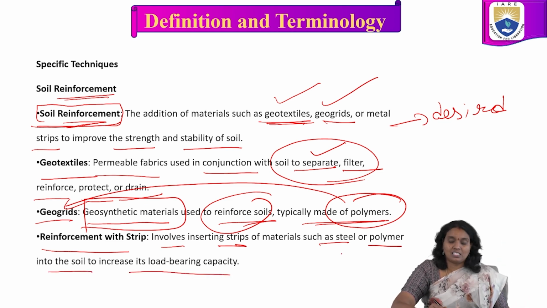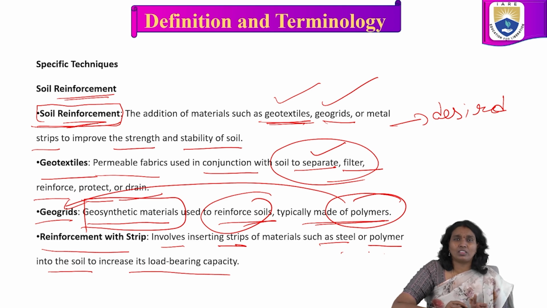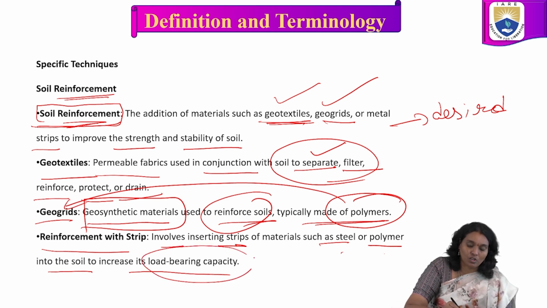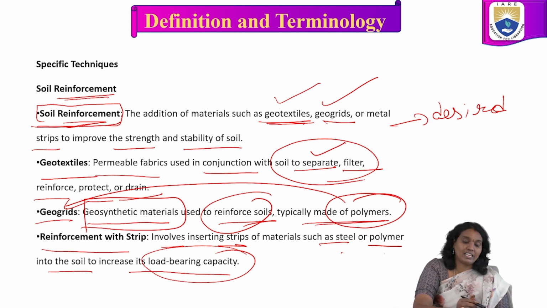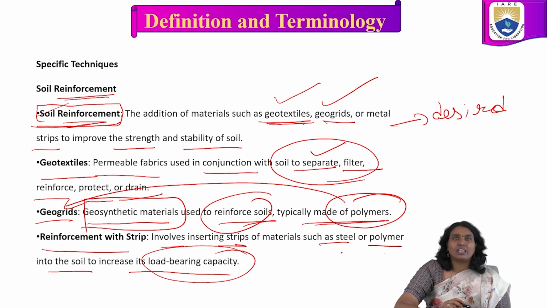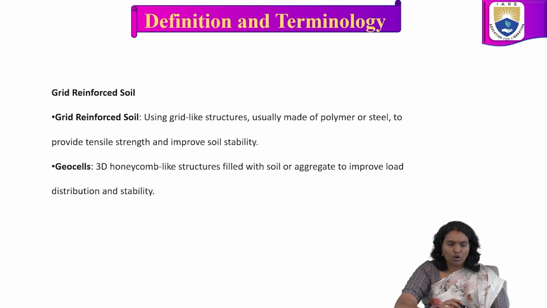Whether it is steel or polymer depends upon the required load bearing capacity of the soil for the project. These are the various terms which we choose in this particular module.